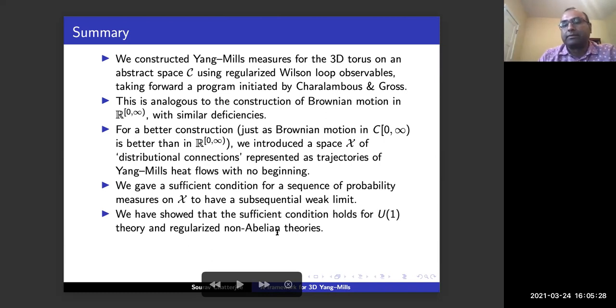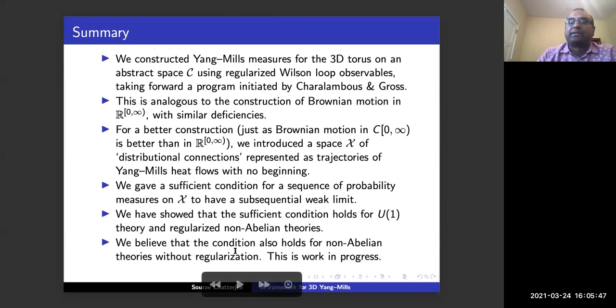This tightness criterion holds, and you actually need to expand to the bigger space for U(1) theory, because you will not get a connection as a limit, you will get a Gaussian free field type of object. We believe that the condition also holds for non-abelian theories without regularization, so we are trying to do that.